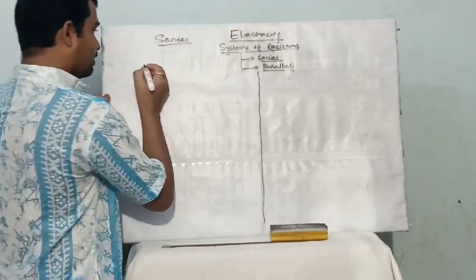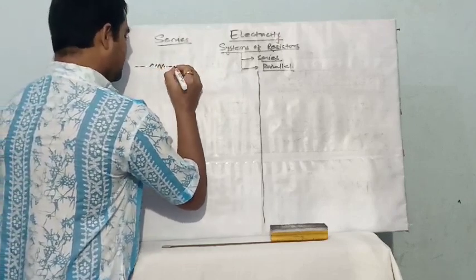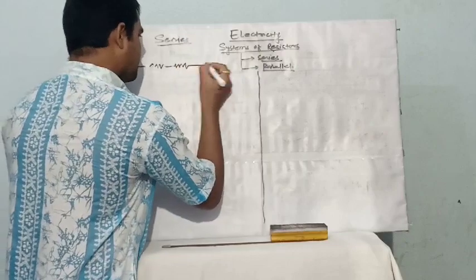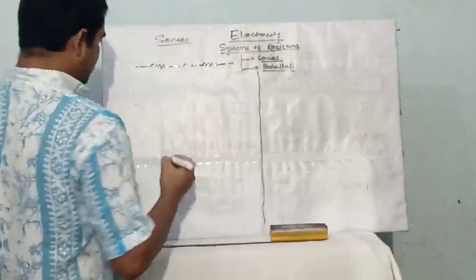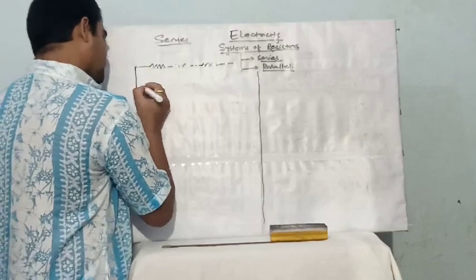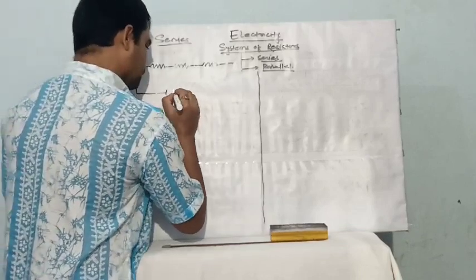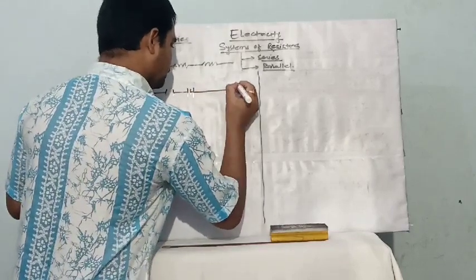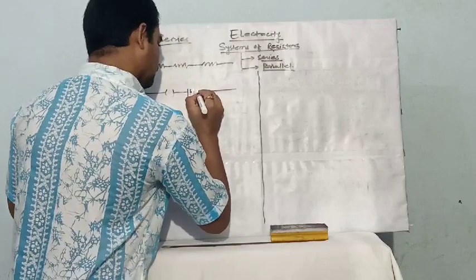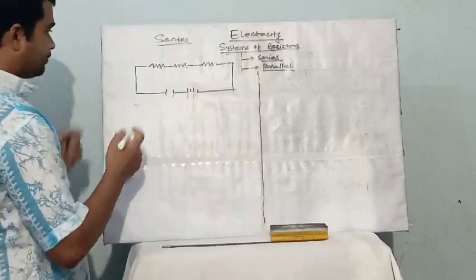For example, just see here, suppose that we have three resistors, and they are connected with a cell. In this situation the current will start to pass through them.